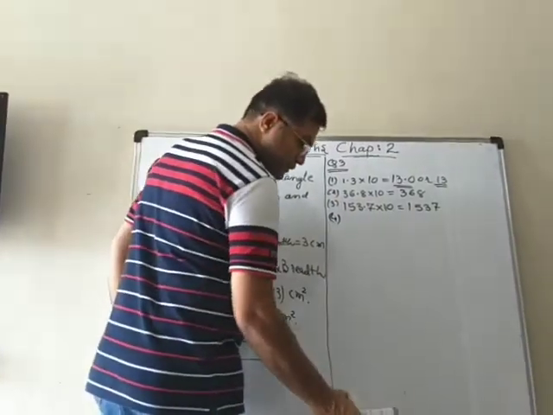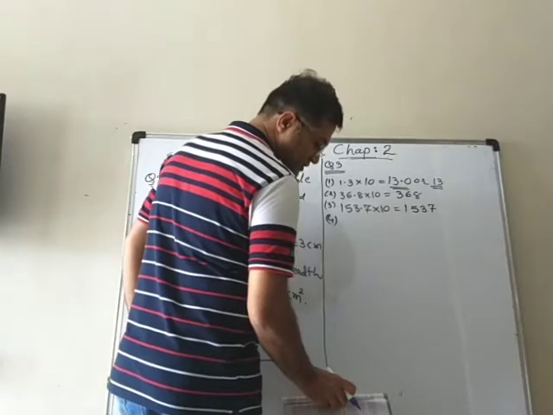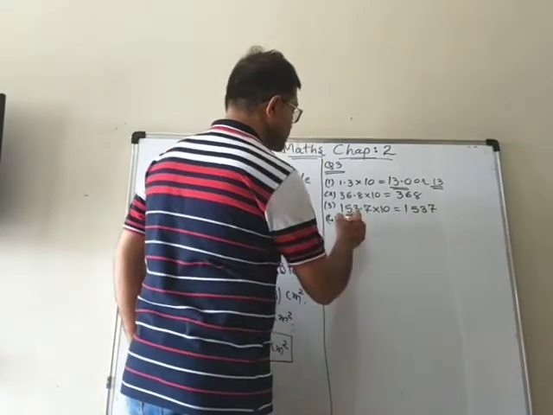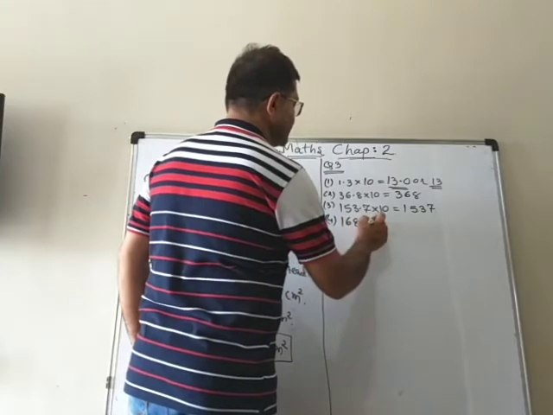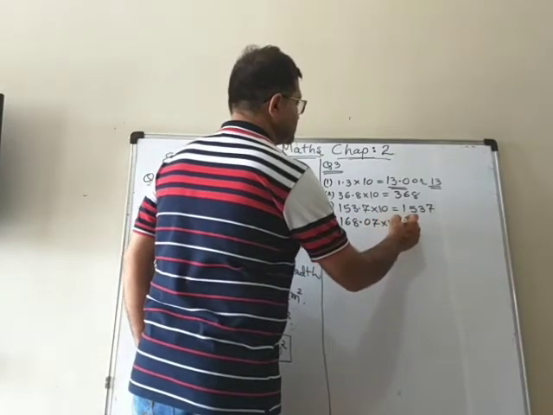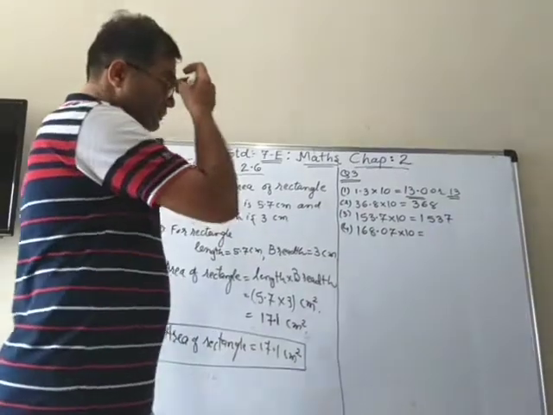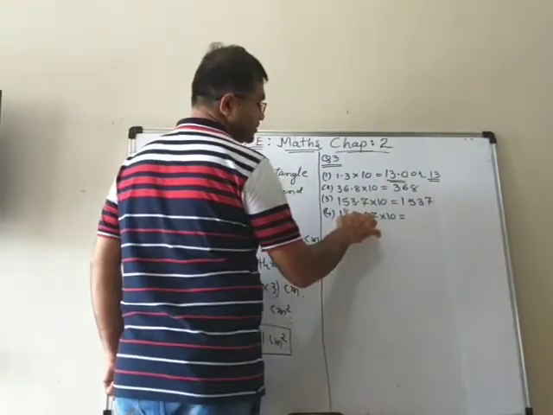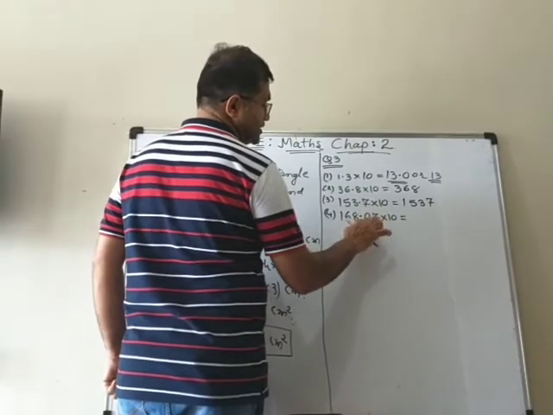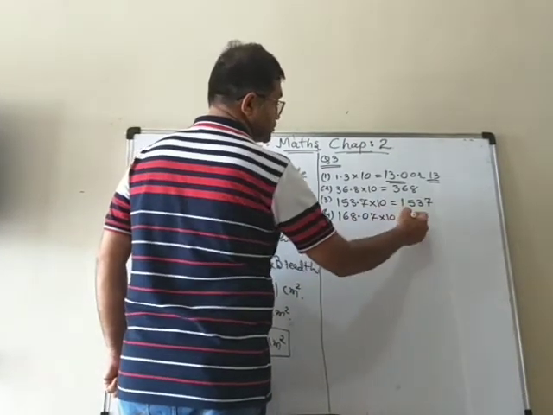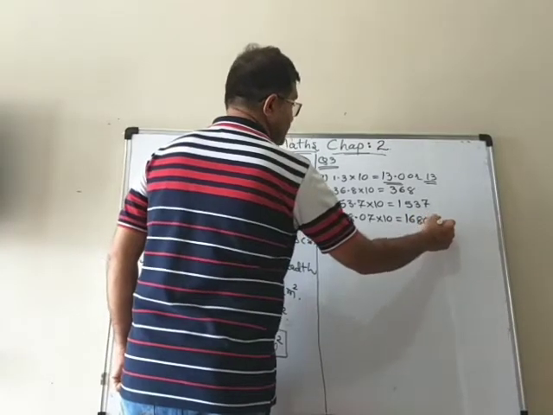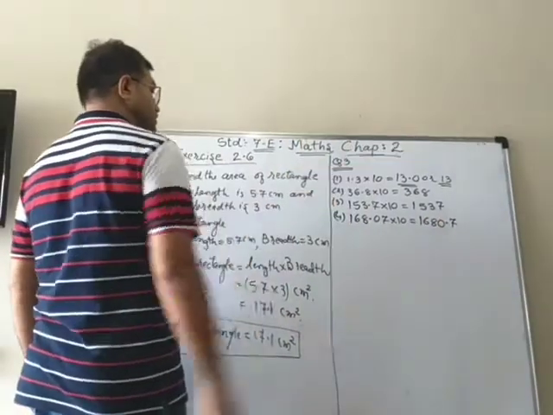Number 4 said 168.07 multiplied by 10. So now here we have to move one place to the right side. Mean the decimal point will be after 0. So it will be 1680.7. Only one place to the right side.